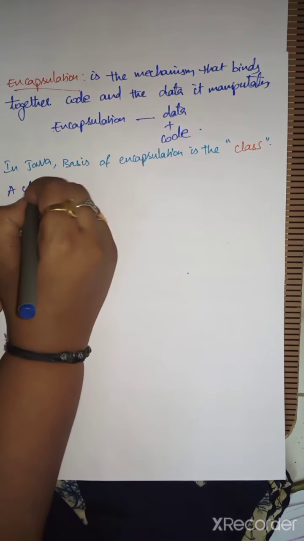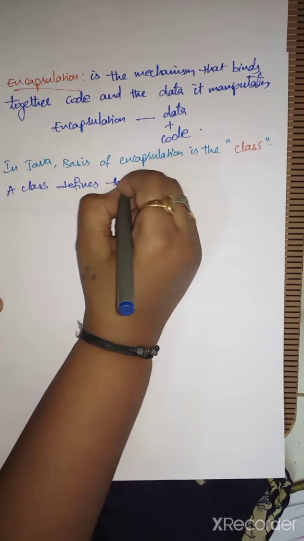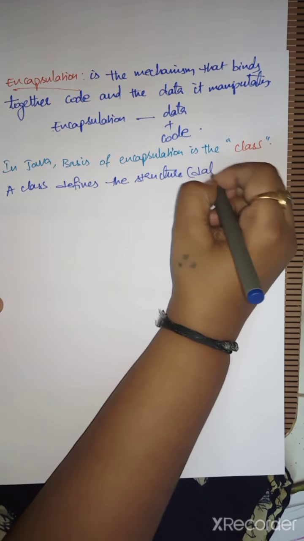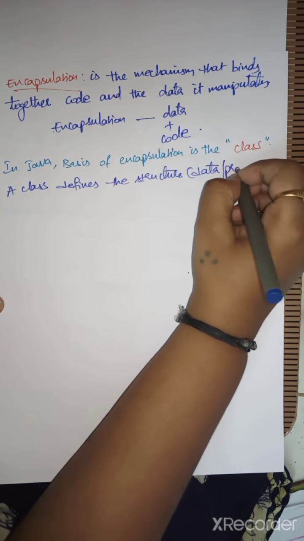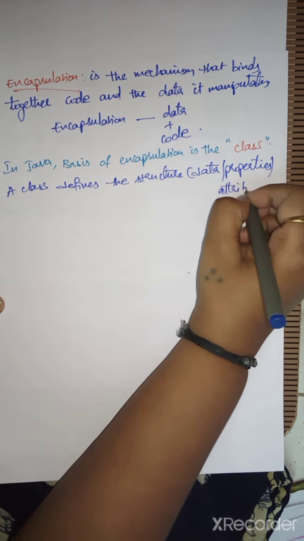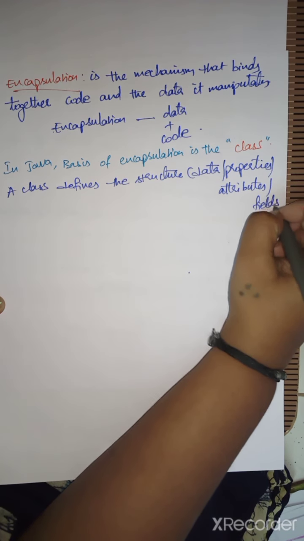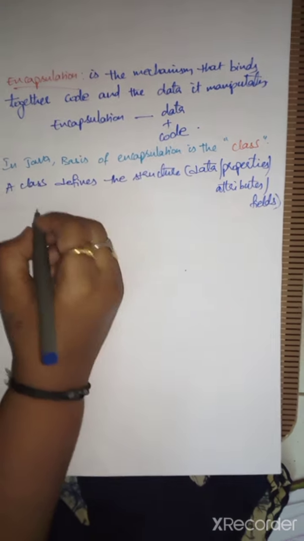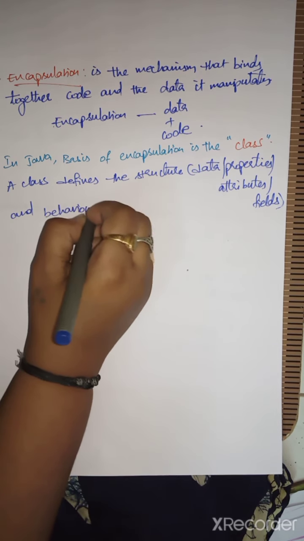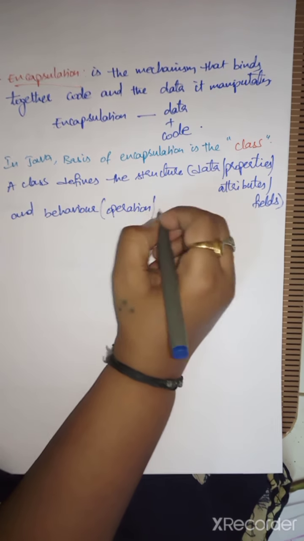A class defines the structure that can be considered as data or properties or attributes or even fields, and behavior.